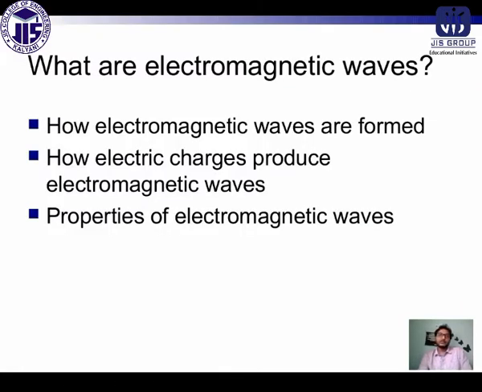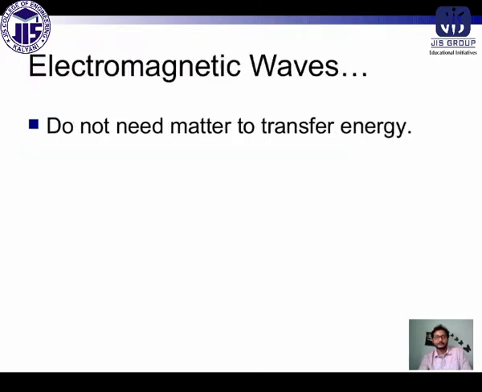So first, if we consider what electromagnetic waves are, how they are formed, how electric charge produces electromagnetic waves, and what their properties are, these are very important for us for this particular course, Illumination Engineering.